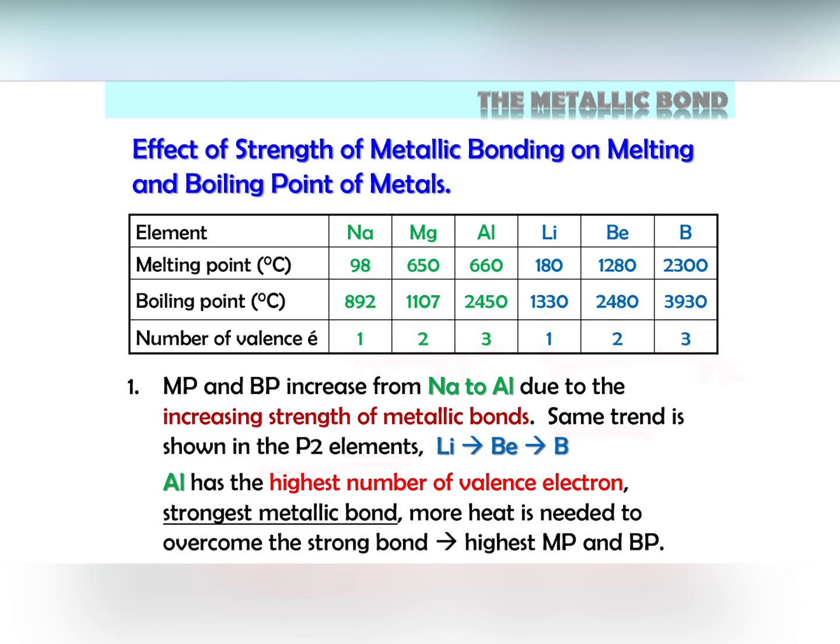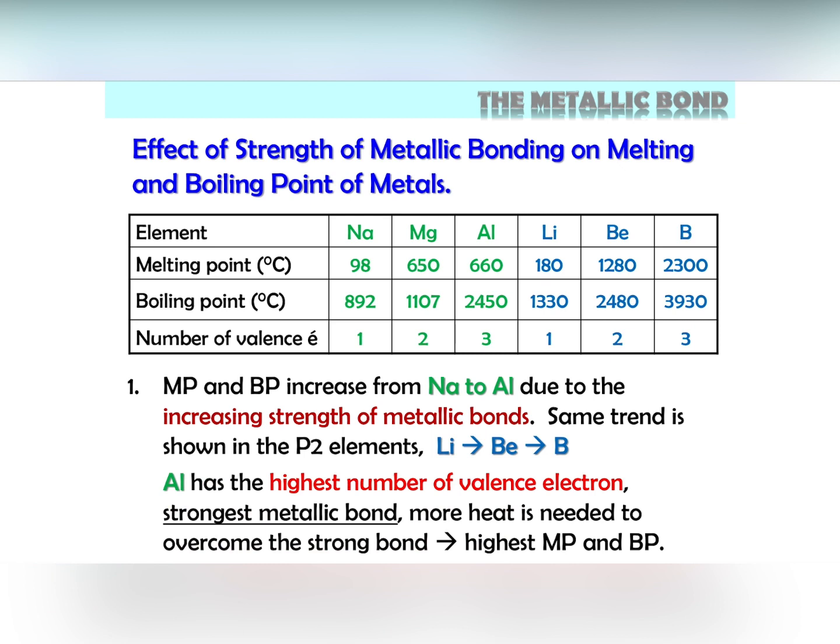Sebab kita nampak dekat sini, increase in the number of valence electrons will also relate dengan increase in the strength of metallic bond. Okay, so refer back to the relationship. So in this case, aluminium has the highest number of valence electrons. Kalau kita compare sodium, magnesium and aluminium, that is why we said that it has the strongest metallic bond. Therefore, we need more heat. Ingat, kalau strong, we need more heat to overcome the strong bond ataupun strong metallic bond.